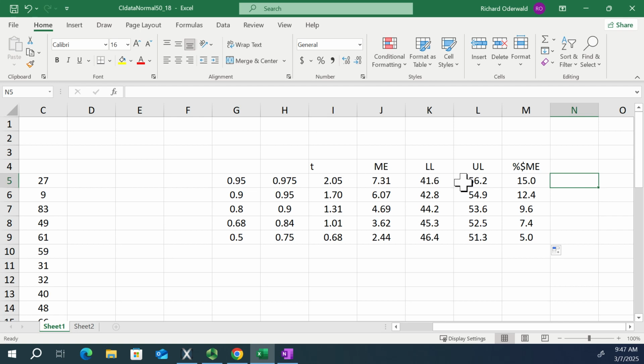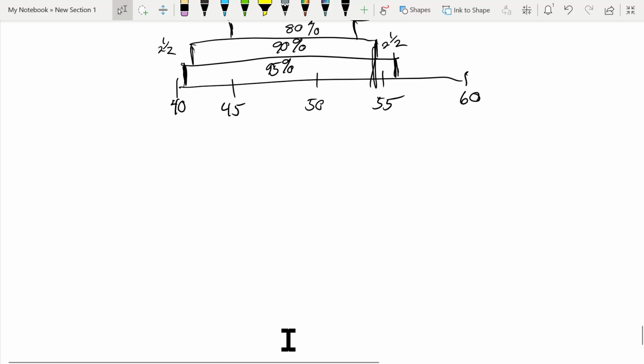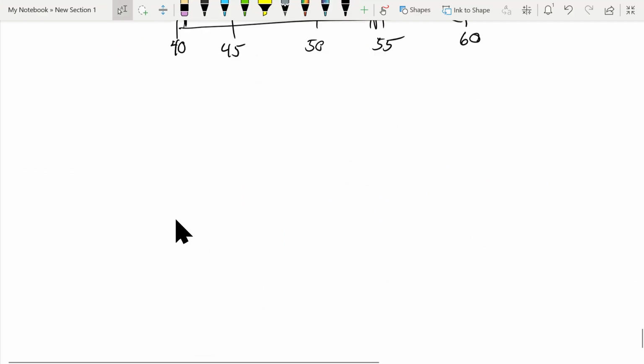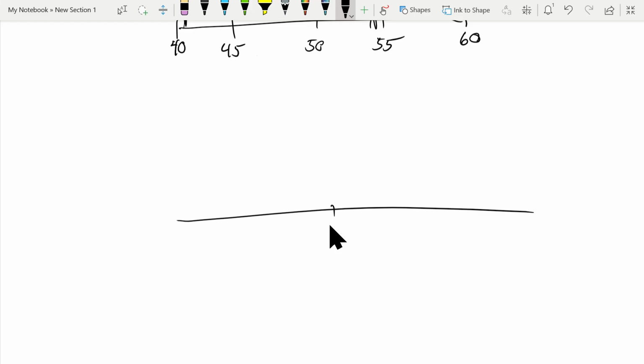On the graph now, we've got the actual numbers. What we need is percent confidence interval. Minus 20 to 20. Minus 10, plus 10, drawn absolutely to scale.